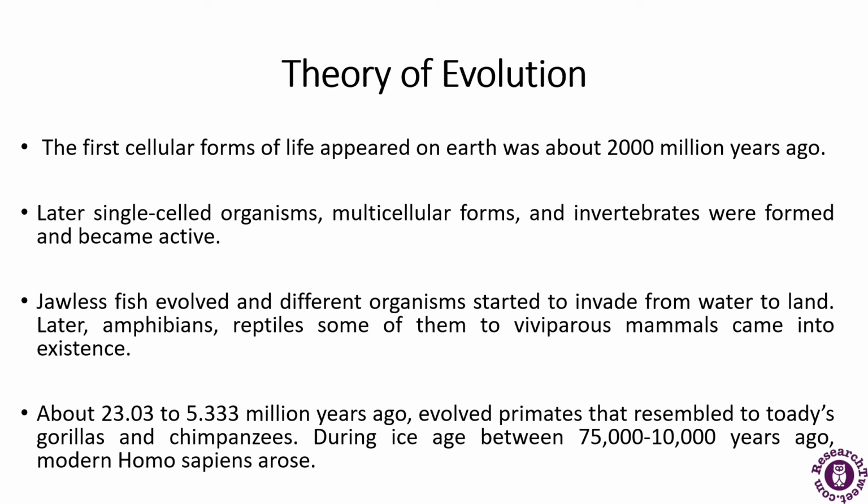About 23.033 to 5.33 million years ago, primates that resemble the tortoise, gorillas, and chimpanzees appeared. During the Ice Age, between 75,000 and 10,000 years ago, modern Homo sapiens arose. What was the evidence of this evolution?